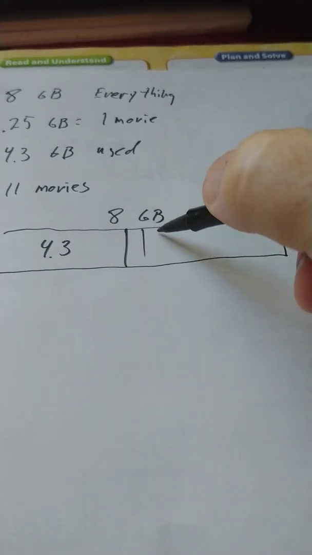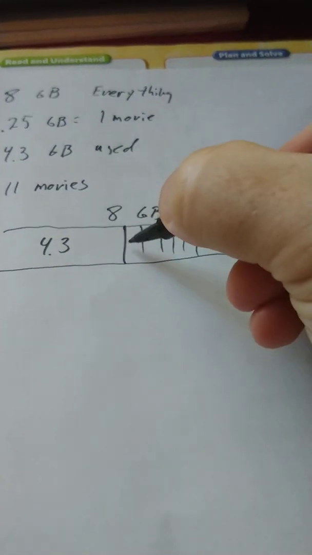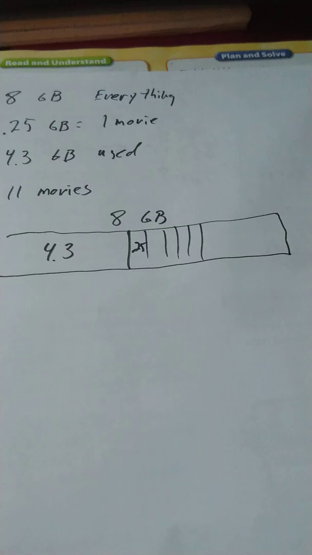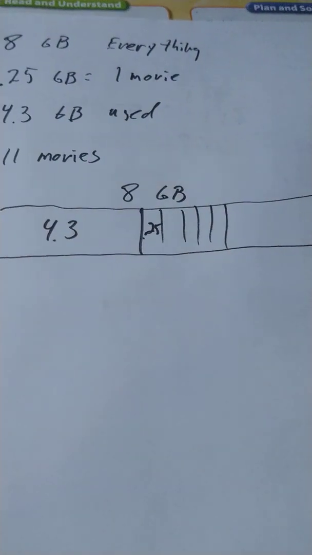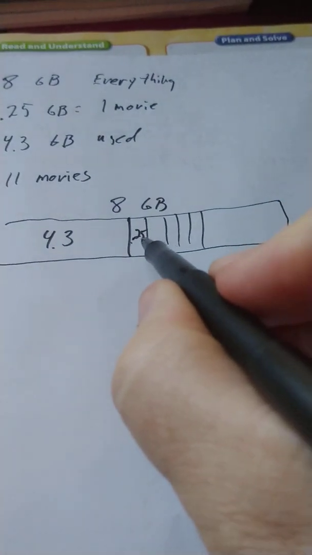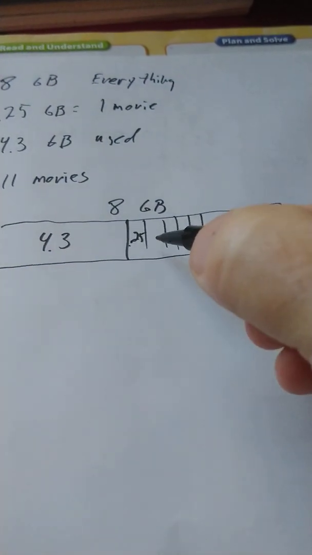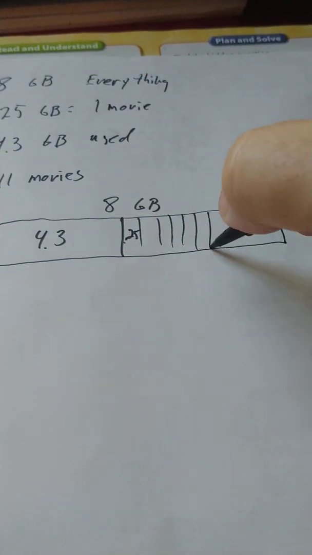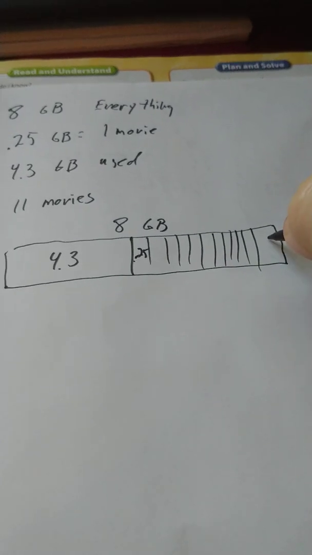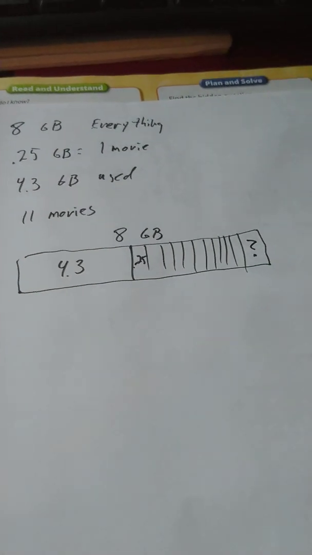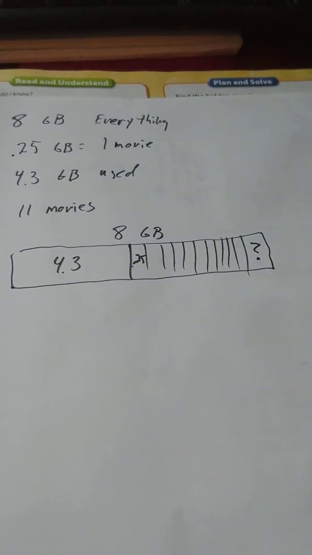And she's going to add a bunch of these little slots. And each slot is going to be a movie, and that's going to suck up 0.25 gigabytes. So after she adds 11 of these, 1, 2, 3, 4, 5, 6, 7, 8, 9, 10, 11, they want to know how much is going to be left.